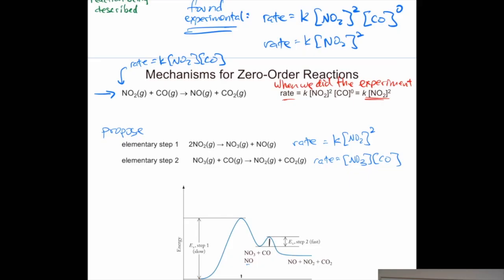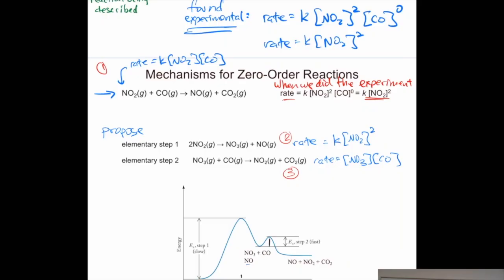That's what was measured. So now that we're hypothesizing the mechanism, we want a hypothesized rate law that actually matches the experimentally determined rate law. Of these choices, 1, 2, or 3, which one matches? 2 does. Okay?